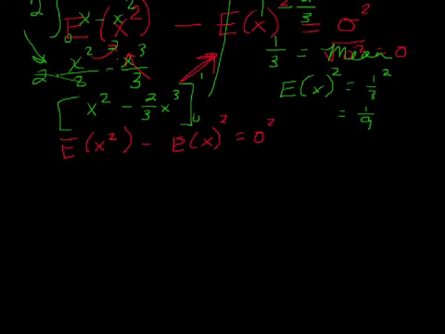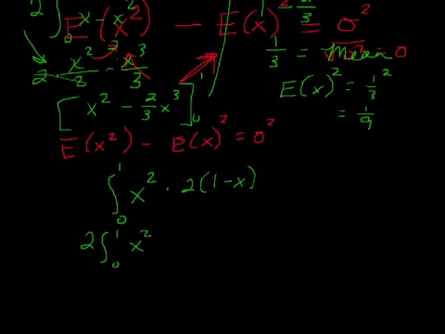All right, so let's do the expected value of x squared. So this time I take x squared times that original function, which was 2 times 1 minus x. Our original boundaries are from 0 to 1. So again, cleaning up, I'm going to take that 2 out and distribute my x squared. So that gives me x squared minus x cubed. And then I'm going to do my calculus.